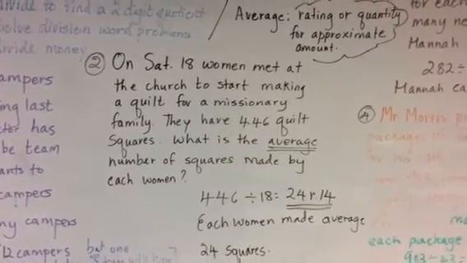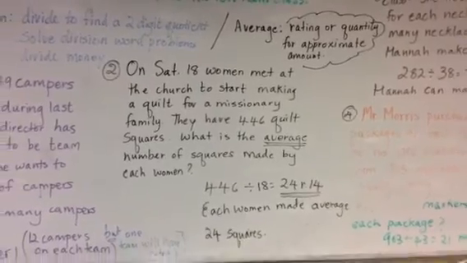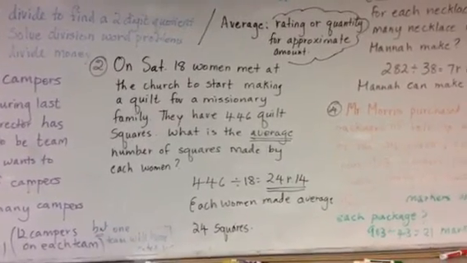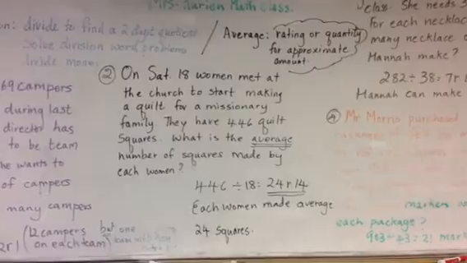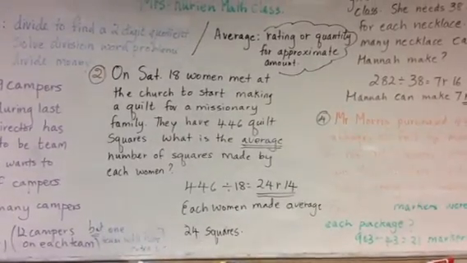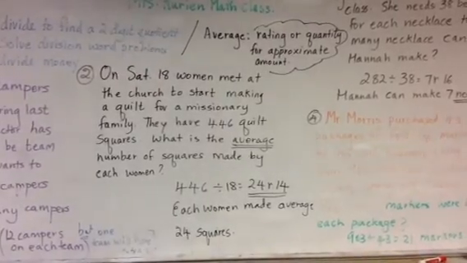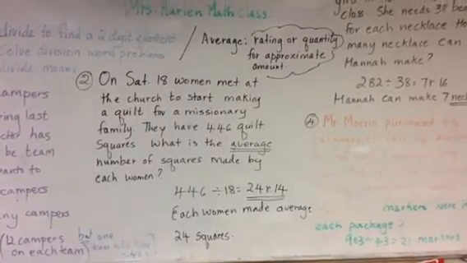On Saturday, 18 women met at the church to start making a quilt for a missionary family. They have 446 quilt squares. What is the average number of squares made by each woman? What does average mean? Look at the definition Ms. Green put on the top.